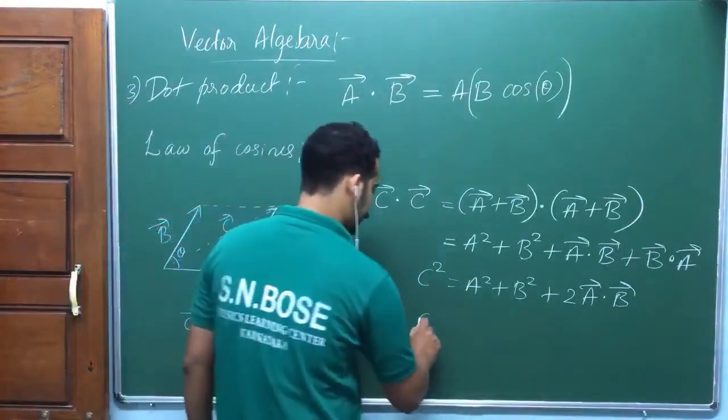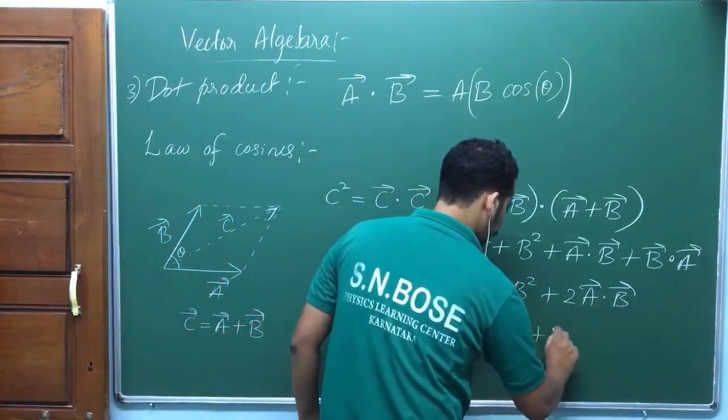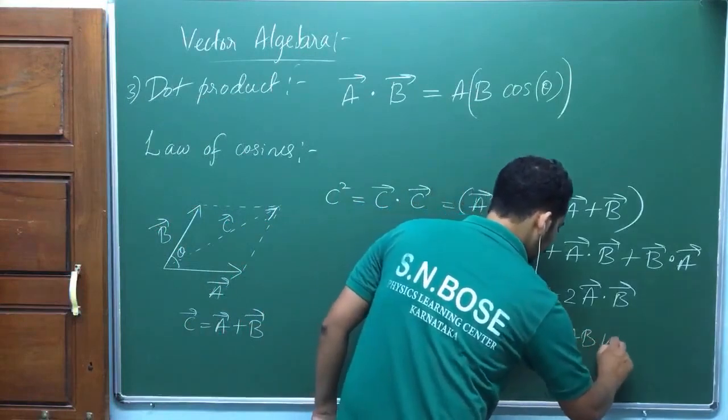Or you can write C square is equal to A square plus B square plus 2AB cos theta.